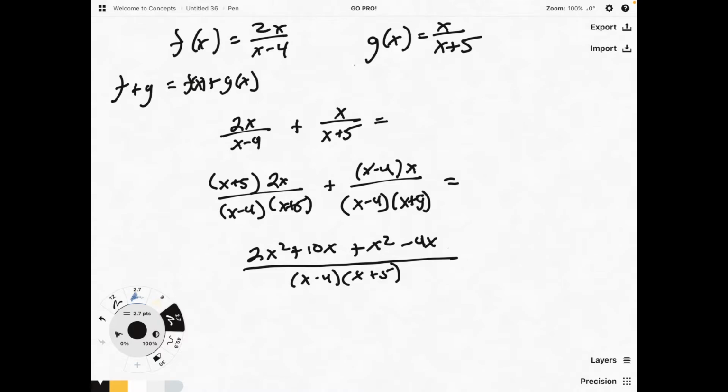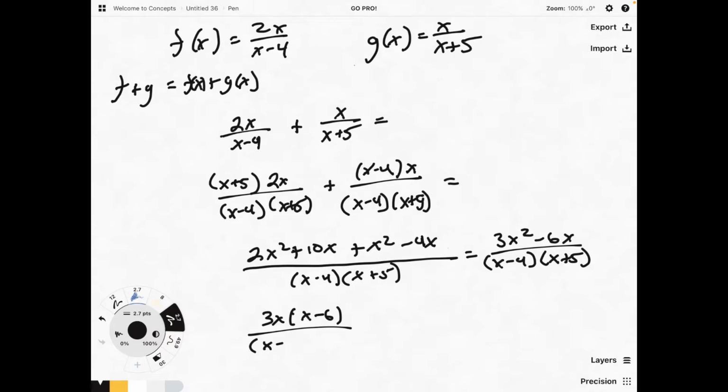Further simplifying, we're going to get 3x squared minus 6x over x minus 4 multiplied by x plus 5. And then we can factor out this 3x from the numerator, and that's going to leave us 3x multiplied by x minus 6, divided by our denominator, which is x minus 4, and then x plus 5.